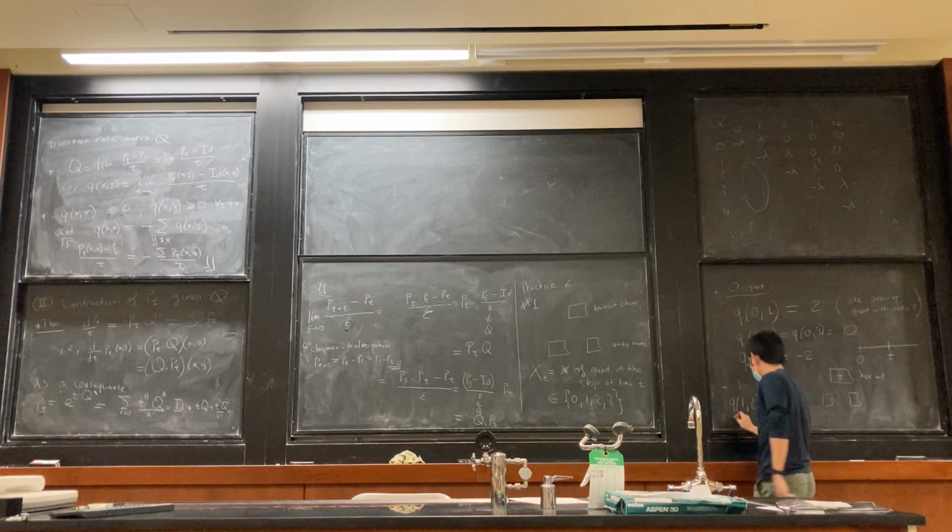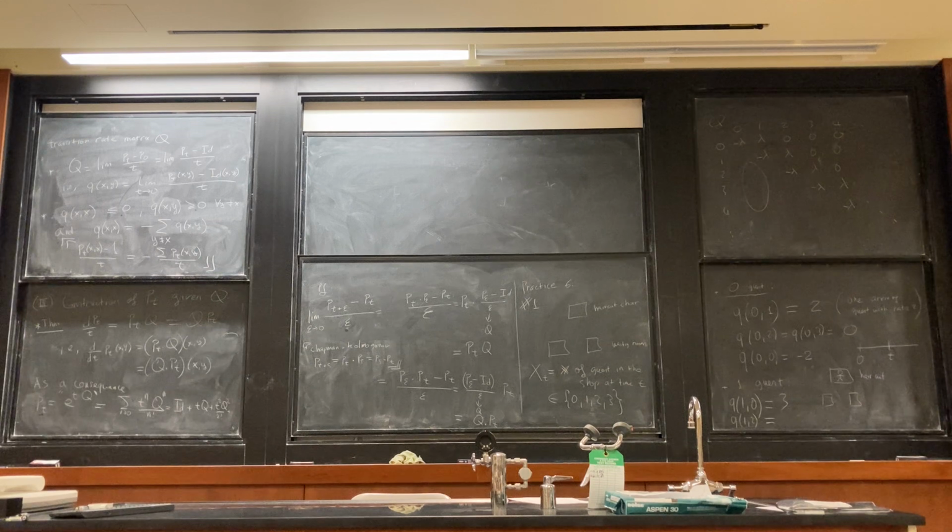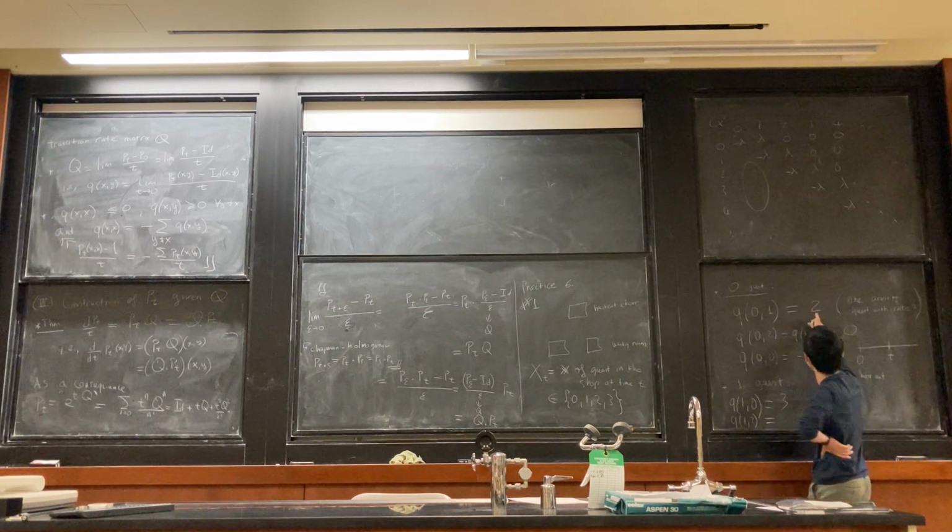Similarly, how do I jump from 1 to 2? I can only jump from 1 guest to 2 guests because someone is arriving and filling the waiting chair. So that rate is still 2.